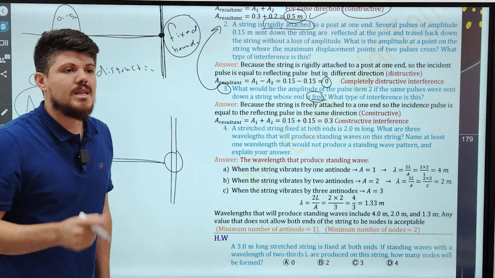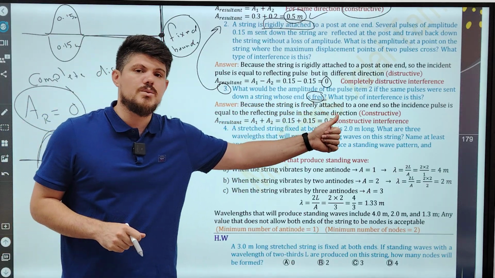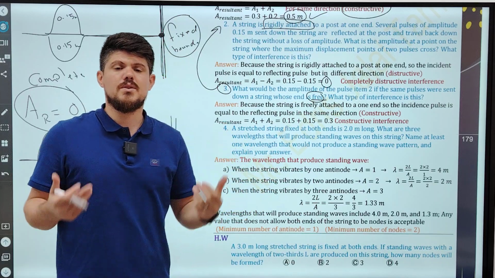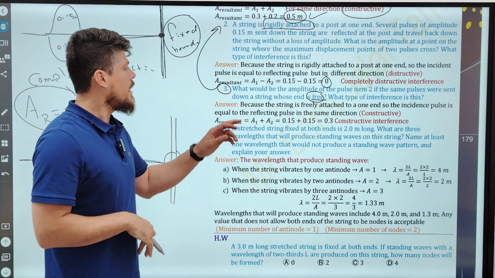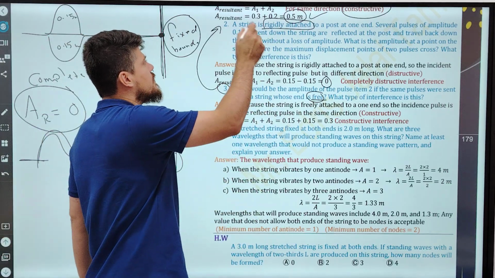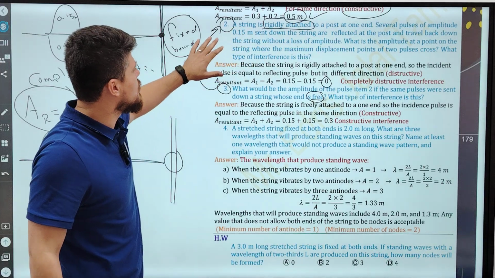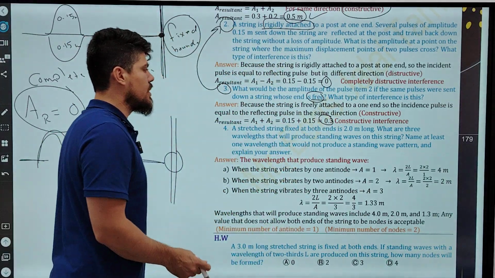Because the reflection of the wave in the free boundary produces constructive interference. In the constructive interference, we have to add the individual amplitudes. We have to use the same individual amplitudes of item 2, which was given 0.15, 0.15. We have to add up, is equal to 0.3.